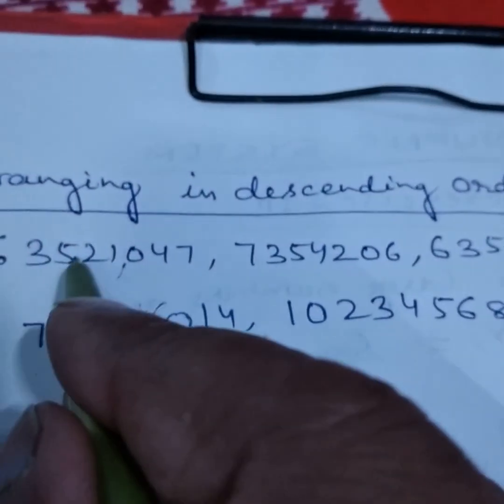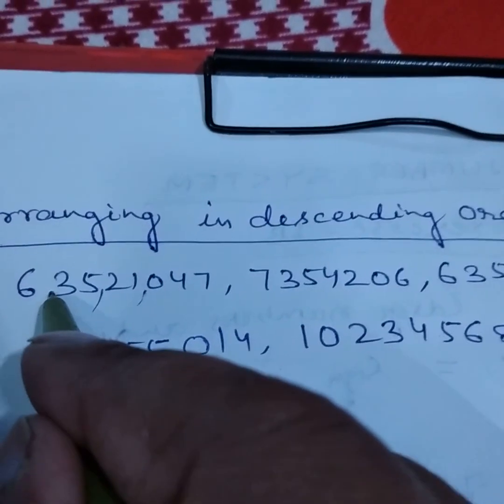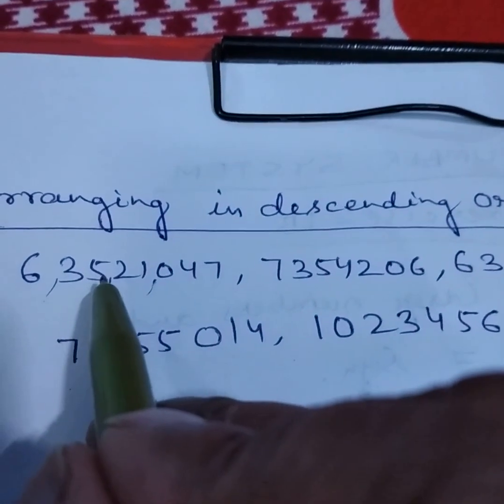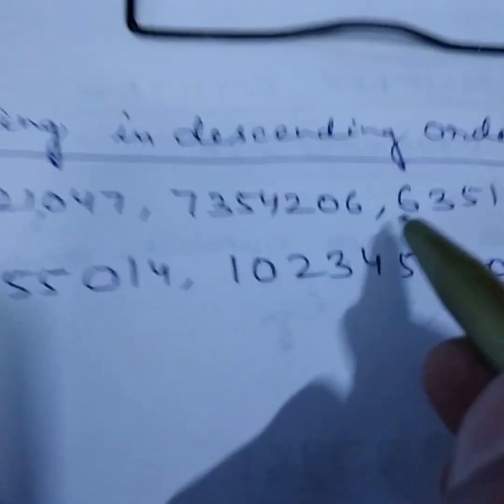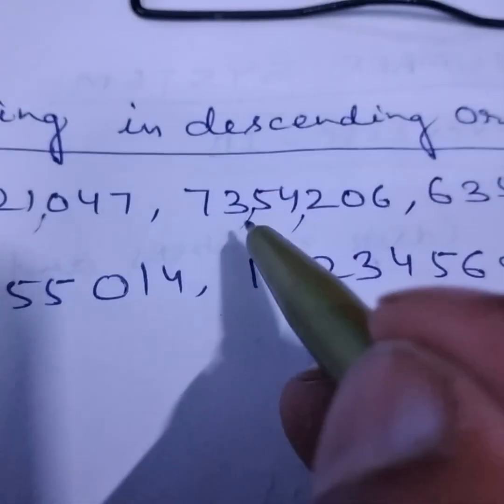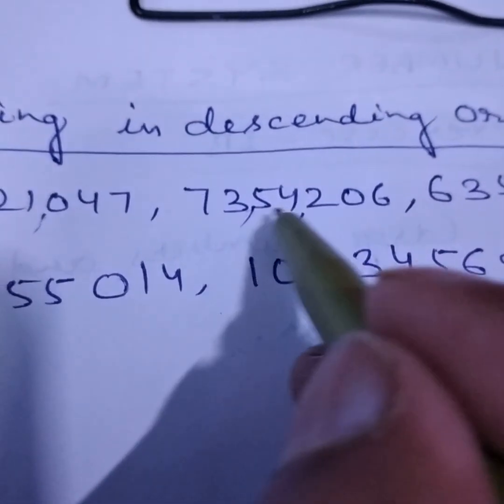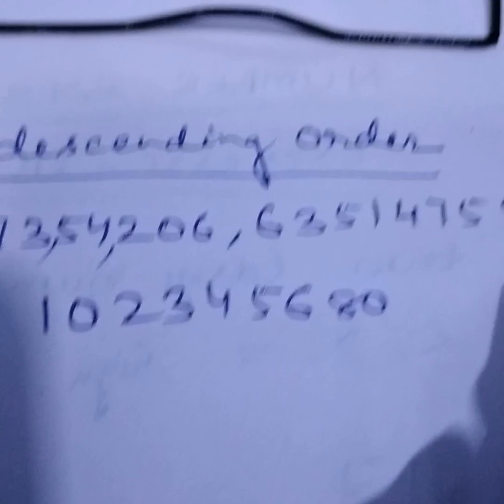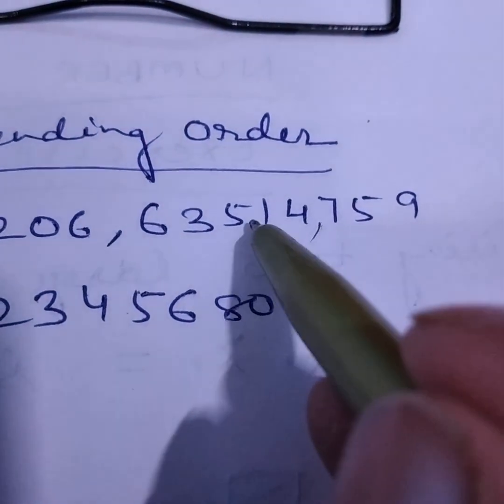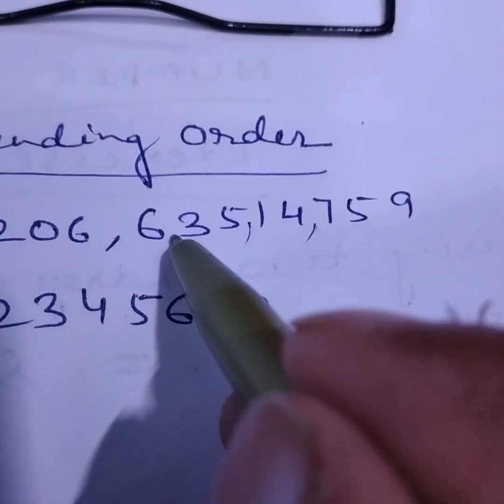Then this one and this one: ones, tens, hundred, thousand, 10,000, lakh, 10 lakh, then crore. 6 crore here, then 100, 1000, 10,000, then lakh, 10 lakh. The next one is ones, tens, hundred, thousand, 10,000, lakh, 10 lakh, then crore.